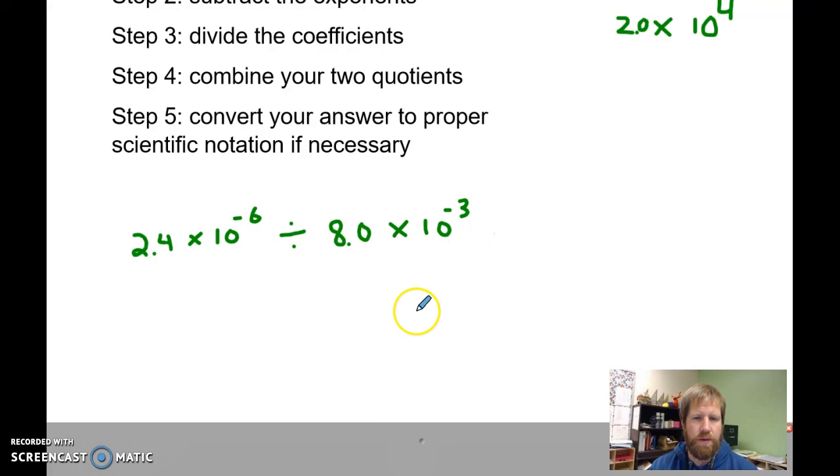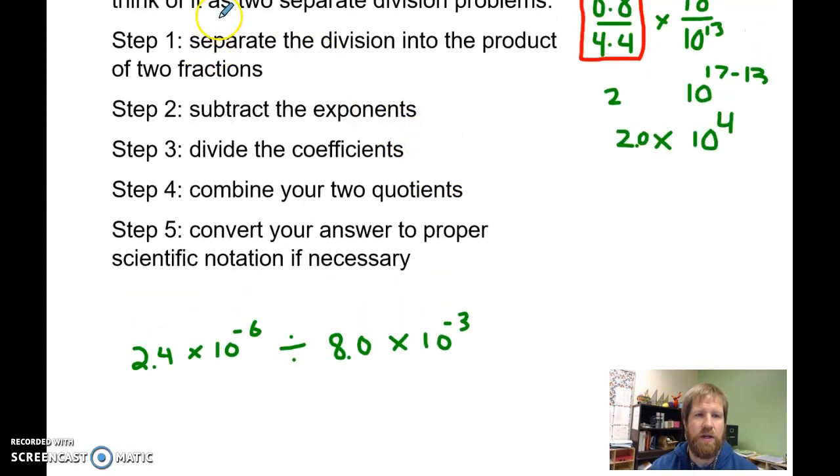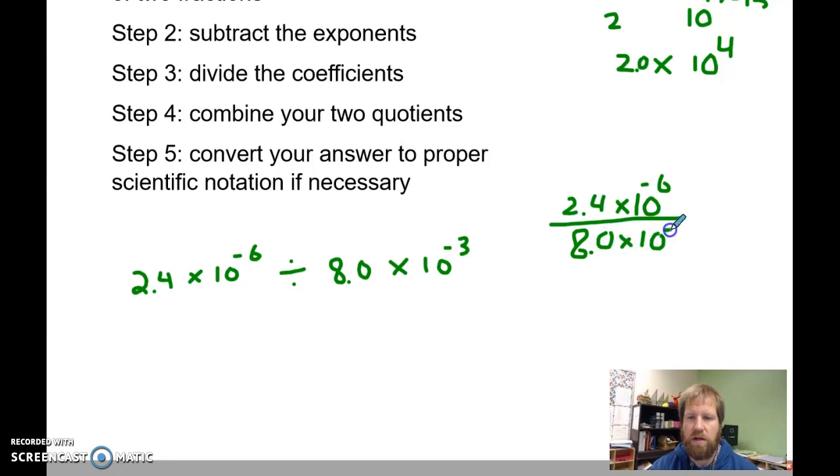So if we look at this problem, with this one I actually want to go back and have, instead of step 1, have a step 0, which is writing it in vertical notation. Okay, so write out my 2.4 times 10 to the negative 6th and 8.0 times 10 to the negative 3rd.